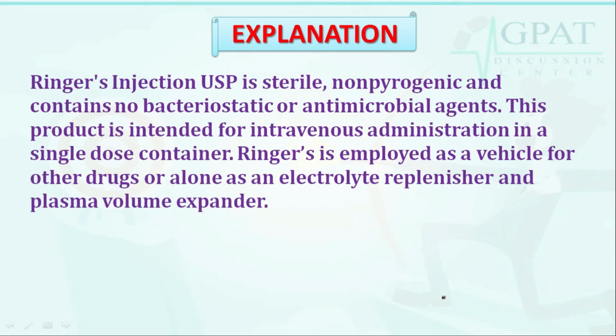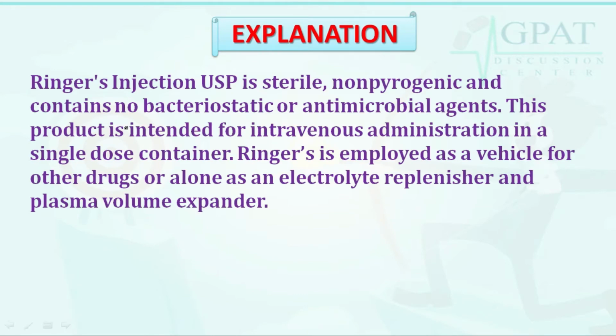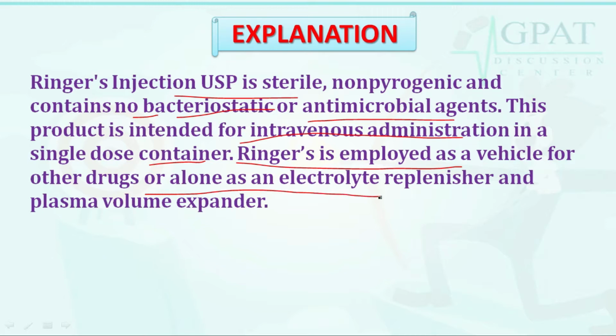Moving on to the explanation part: what is Ringer injection? Ringer injection USP is sterile, non-pyrogenic, and contains no bacteriostatic or antimicrobial agents. This product is intended for IV administration in a single dose container, and Ringer's is employed as a vehicle for other drugs, or alone as an electrolyte and plasma replenisher and as a plasma volume expander.